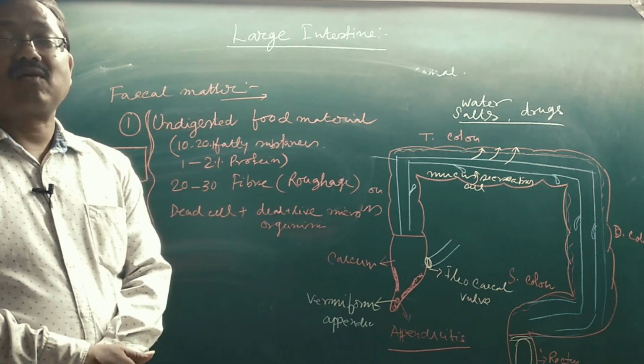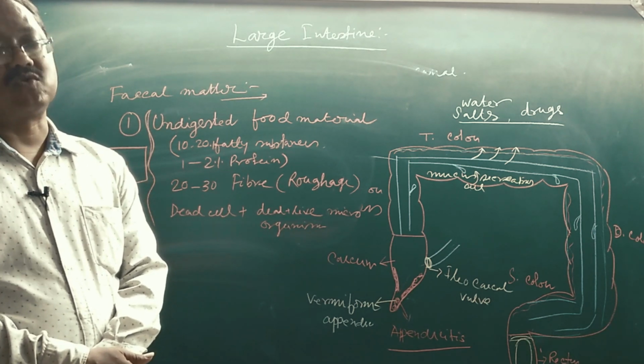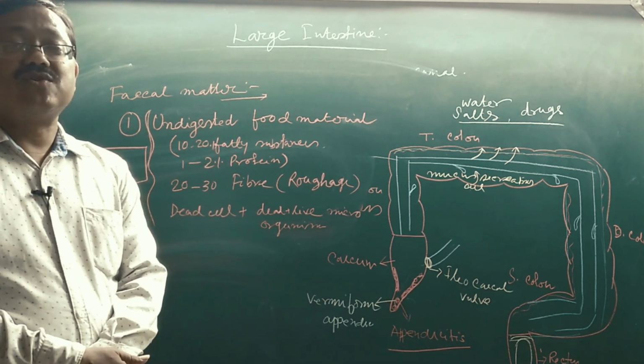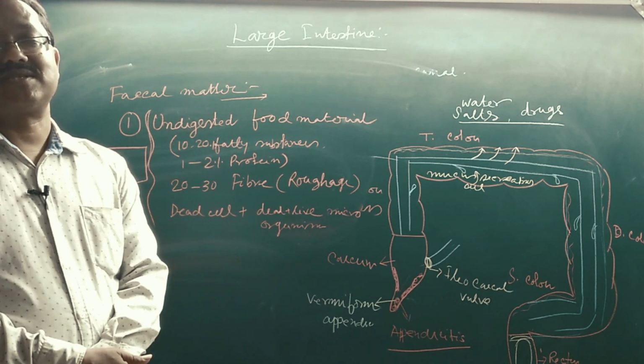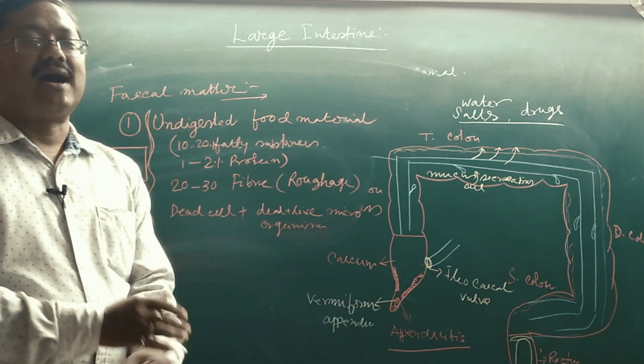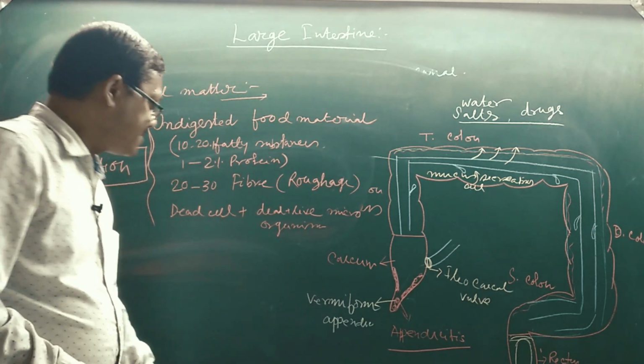These cells convert the simple monosaccharides, amino acids and fatty acids into different complex structures. This is called assimilation. In a later class, I will discuss all of this.